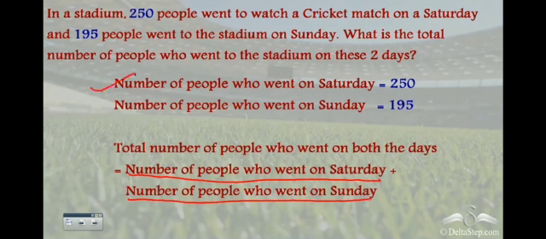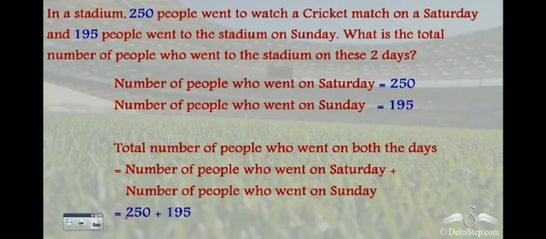Now what is the number of people who went on Saturday? 250, plus the number of people who went on Sunday, which is 195. So 250 plus 195. Now I need to add this.